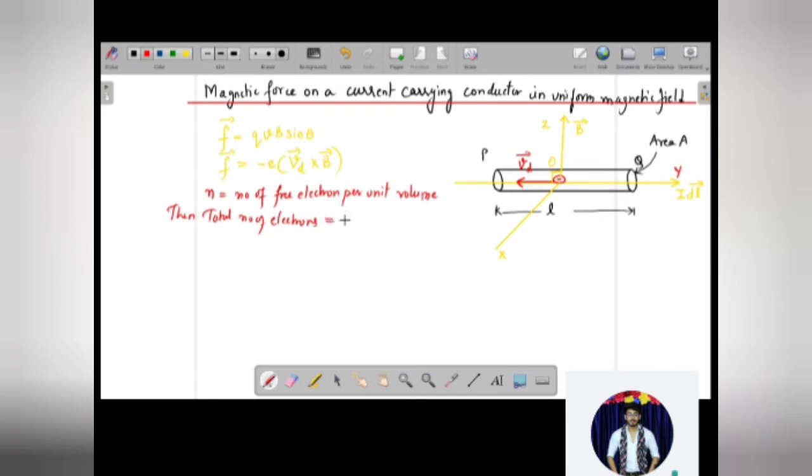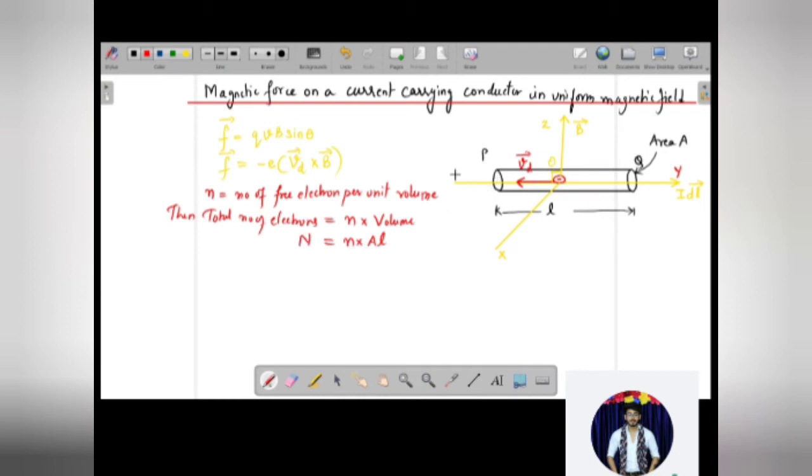It will be equal to the number of electrons per unit volume multiplied by the total volume of the conductor. Correct? And what is going to be the total volume of the conductor? The volume of a conductor is given by the area of cross section times the height. So the area of cross section is A, and the height of the conductor we have taken is L. So it will become A into L. So this is going to be the total number of electrons inside this conductor, n A L.